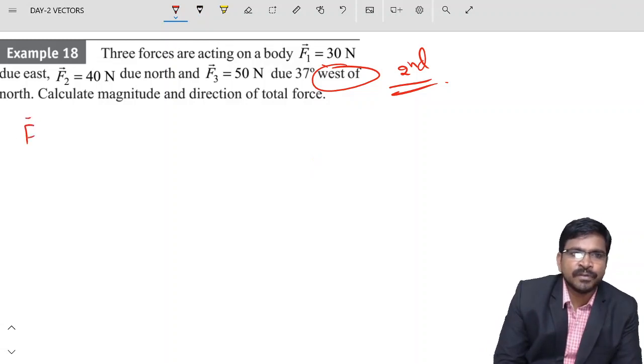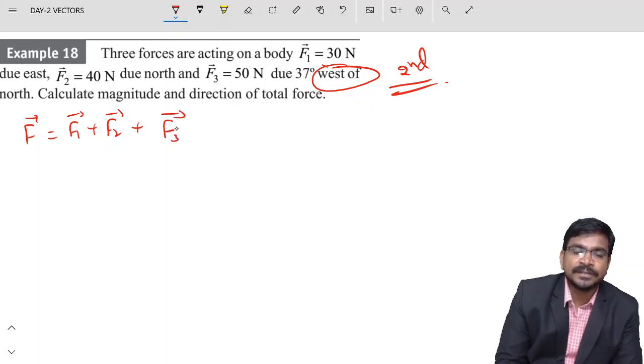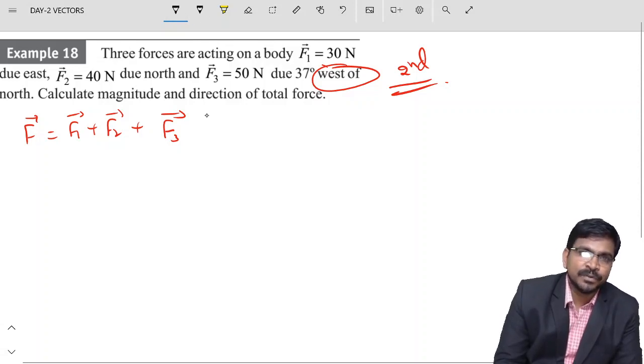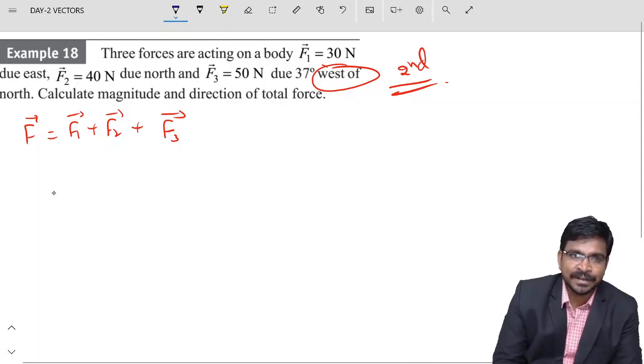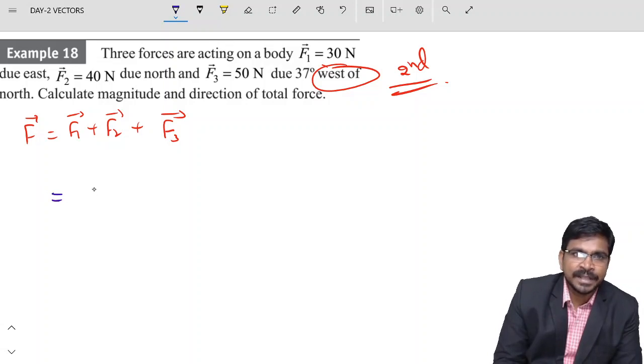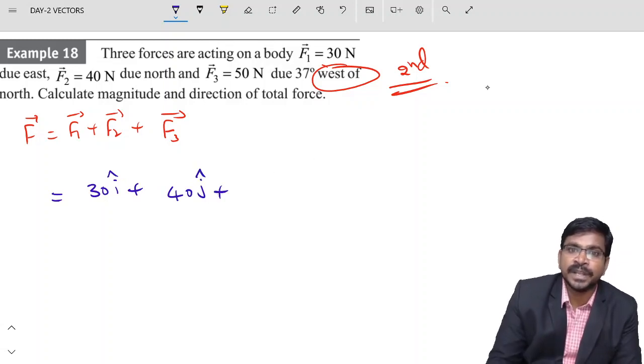Total force is equal to F1 plus F2 plus F3. F1 can be written as 30 east, i direction, plus F2 is 40 north, j direction, plus F3.